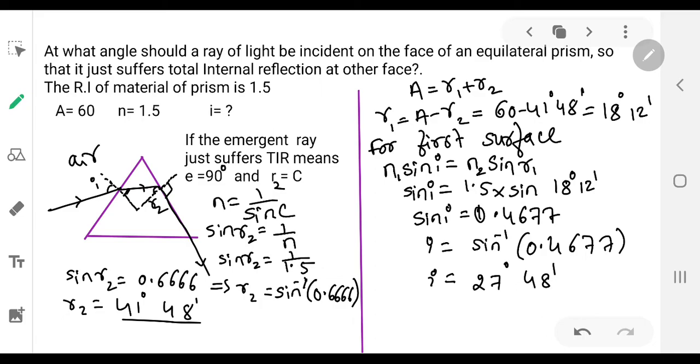It means the incident ray should be at an angle of 27 degrees 48 minutes, so that the emergent ray just grazes along the second face of the prism.